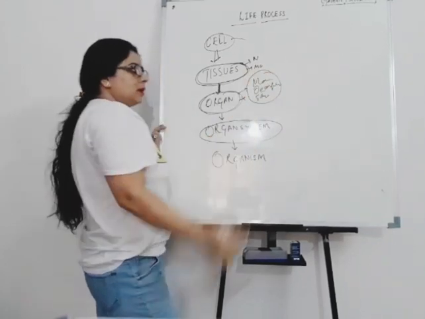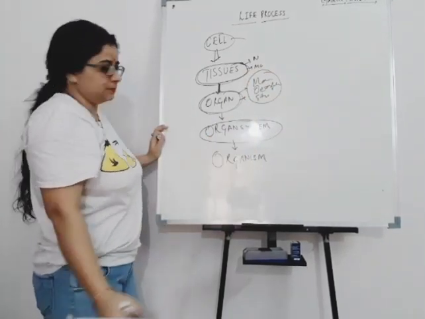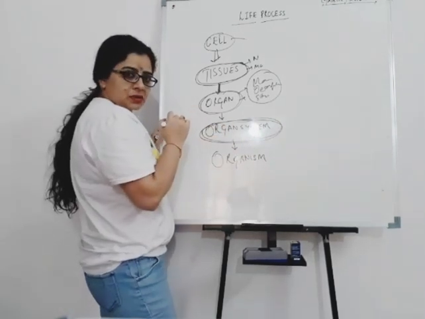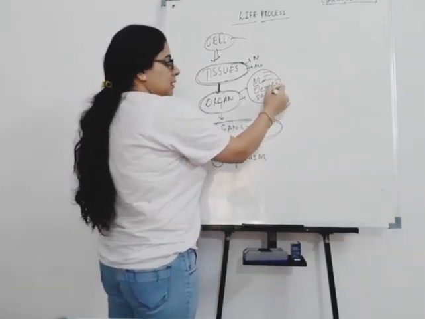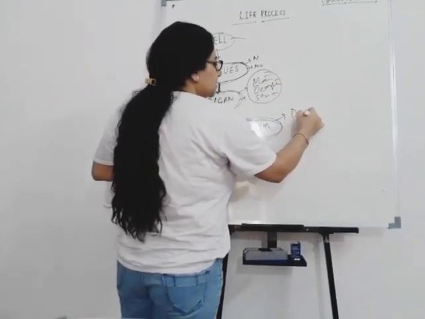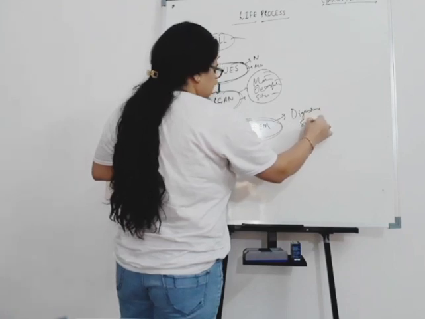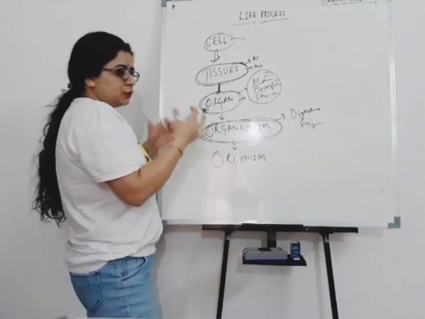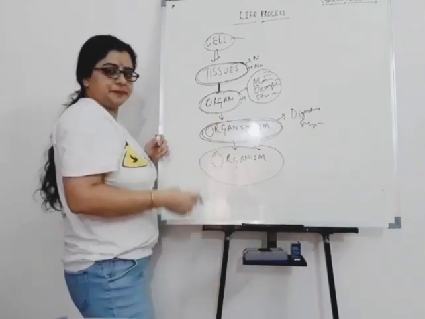These all will be a part of the digestive system. There are 12 types of organ systems, and mouth, oesophagus, stomach combine together to form the digestive system. And ultimately these 12 systems combine to form an organism.